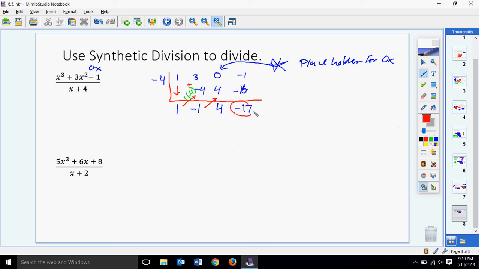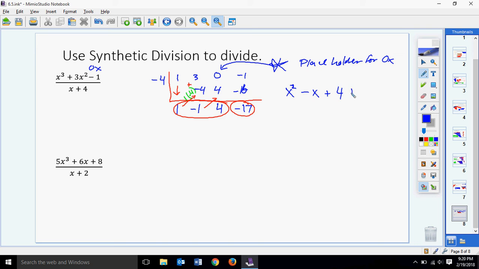Now remember, this last number is your remainder. These three are your coefficients. So we're going to have a 4, and it's positive, a negative 1, and that has an x value with it, and a positive 1, and that has an x squared value with it.